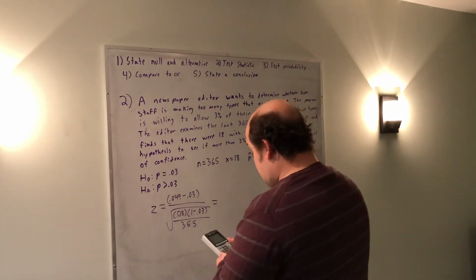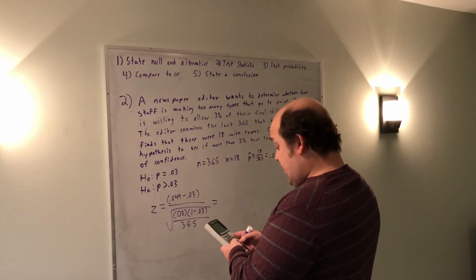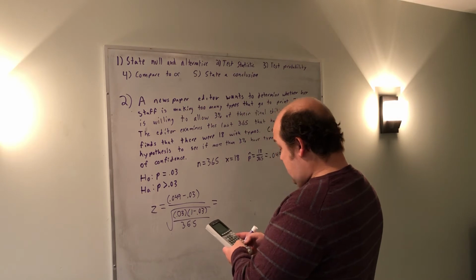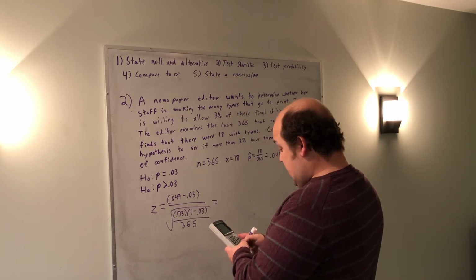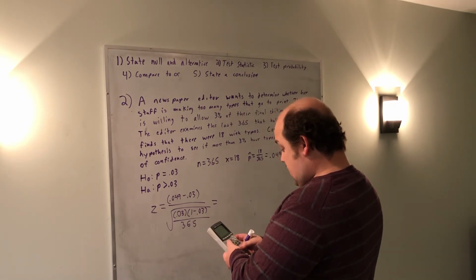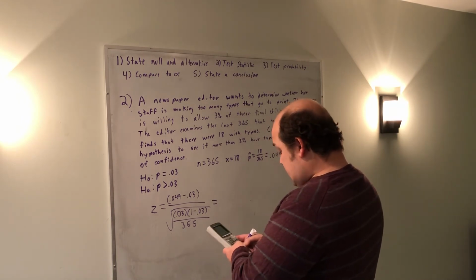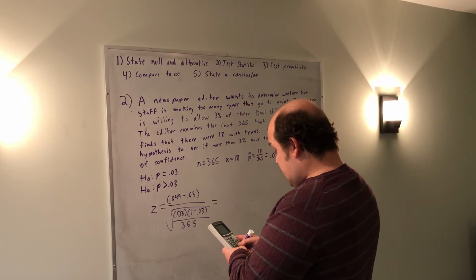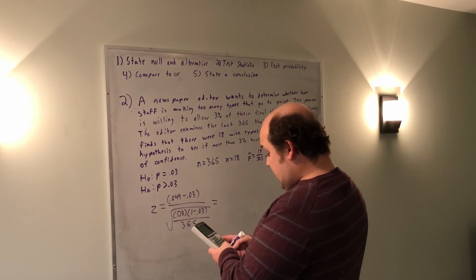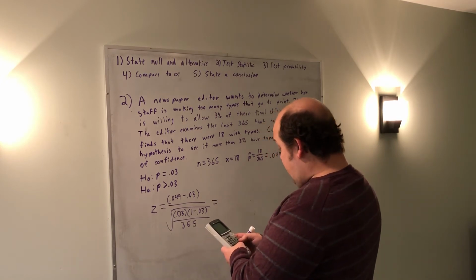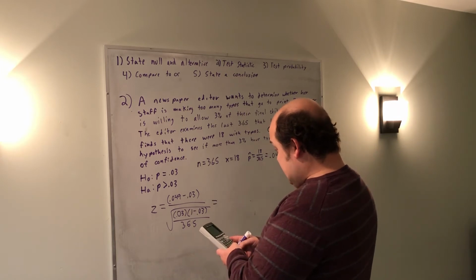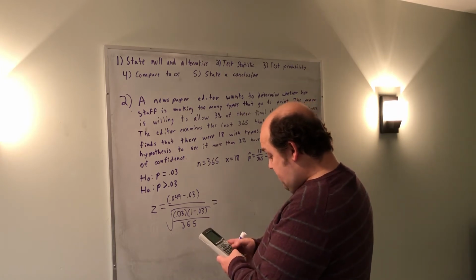So I should put it in as parentheses 0.049 minus 0.03, parentheses, divided by parentheses, the root of parentheses 0.03 parentheses, parentheses 1 minus 0.03 parentheses, divided by 365, parentheses.